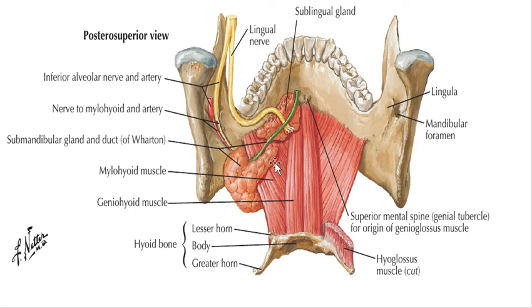This is the mylohyoid muscle in the background, the mylohyoid line, and these are the geniohyoid muscles because genial tubercles are present here. The superior genial tubercles give origin to the genioglossus muscle, which attaches on one end to the superior genial tubercle and to the tongue, which has been removed, and you can look at the geniohyoid muscle.